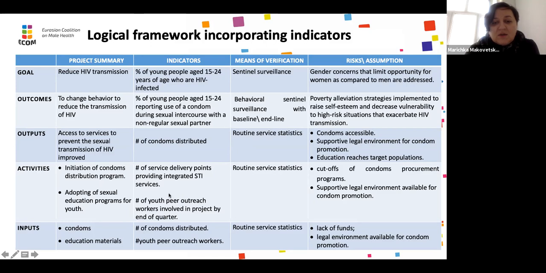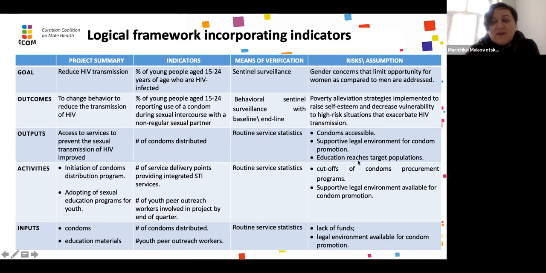The peer outreach workers will work in colleges or schools with the youth and educate them on how to use condoms, why it's important, and why we need this method of protection. The means of verification is the routine service statistics of your program or project.